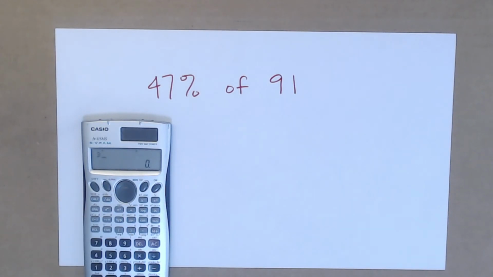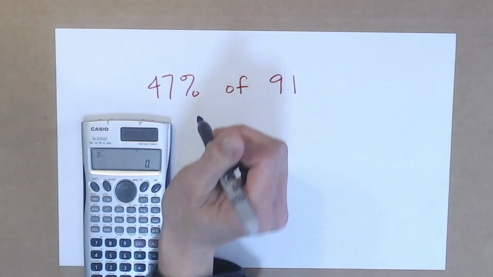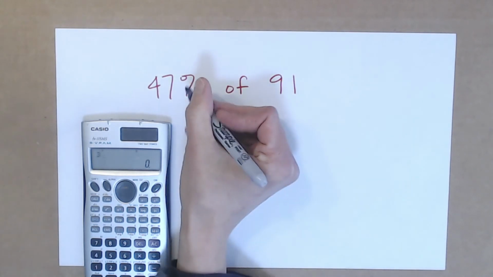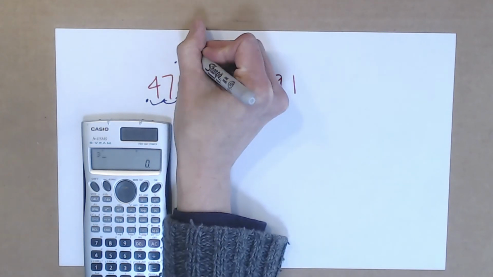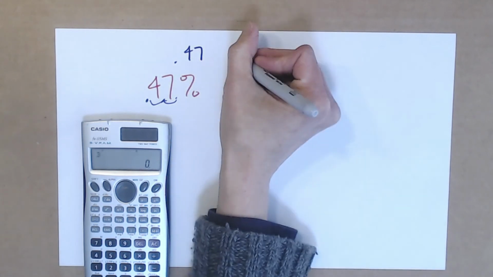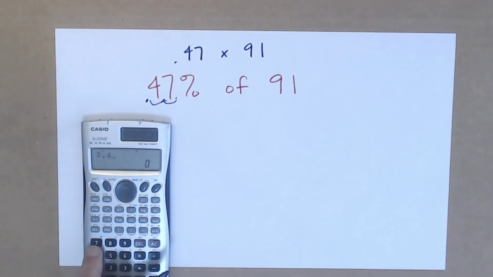You can do this very easily on a calculator as long as you know how to convert that percent to a decimal. So we know that when we convert percent to a decimal, we're taking hundredths. So if we divide a number by 100, we move the decimal 2 places to the left. This is just 0.47. So 47% of 91 would be 0.47 times 91, which we can easily do on our calculator.